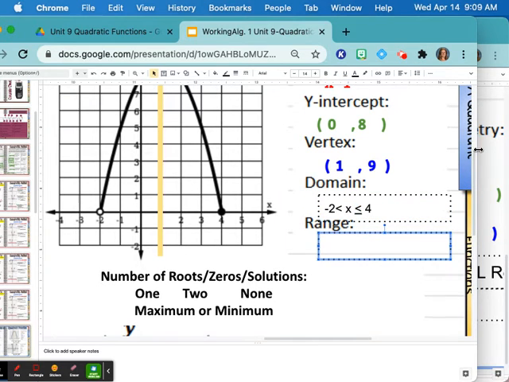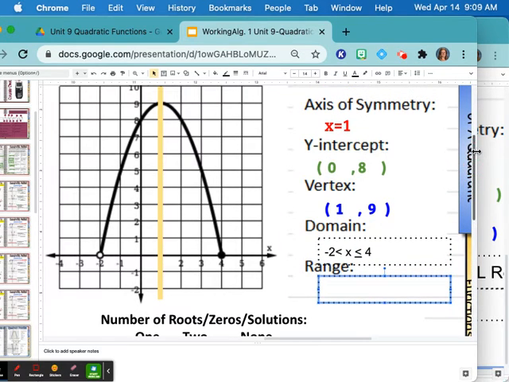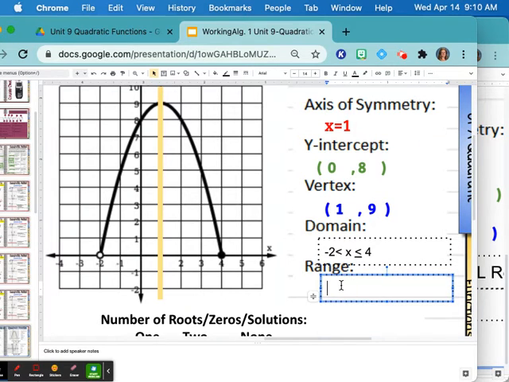Okay, and then our range is our y values. So what's the bottom and what's the top? How far down does it go? 0. And how far up does it go? 9. The highest is 9. So the y values are from 0 to 9.